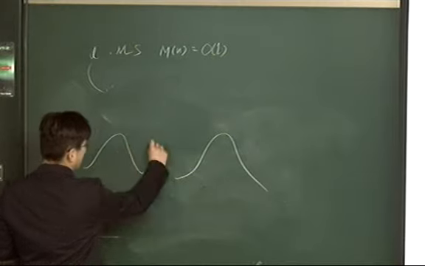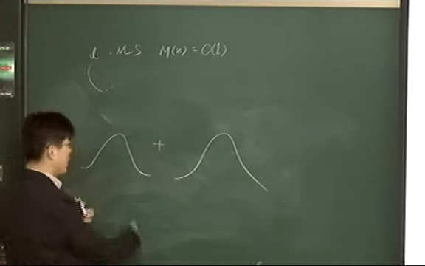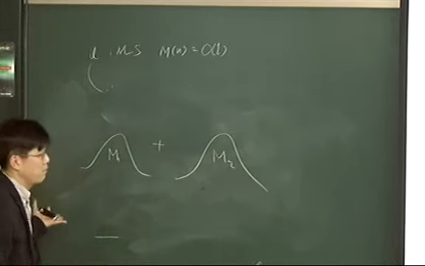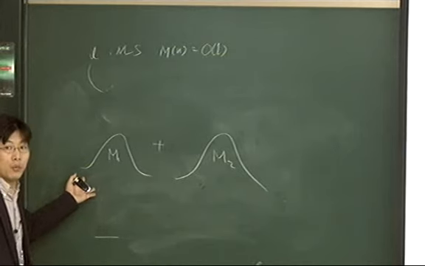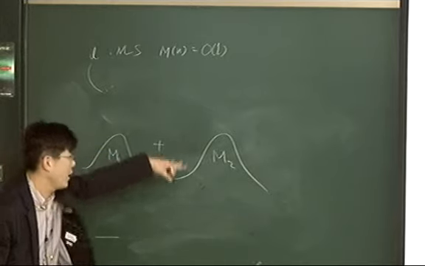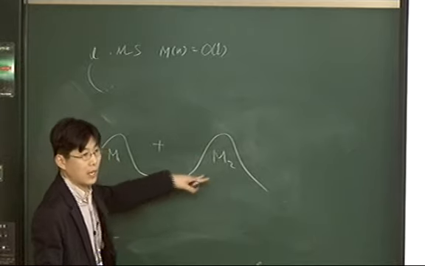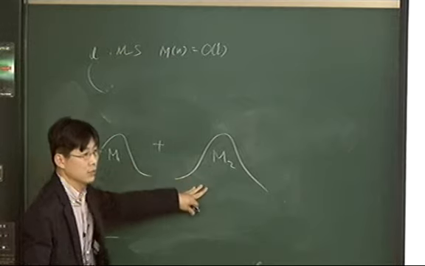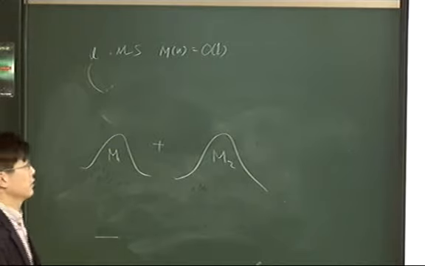But the sum of mass is the same as the minimum mass MC. Then the mass of each profile should be strictly less than MC. By the definition of the critical mass, because the mass of each profile is less than the critical mass, both scatter. And then the space-time norm of the sum of the 2 is the sum of the space-time norms, which is also finite. That's how we make a contradiction.